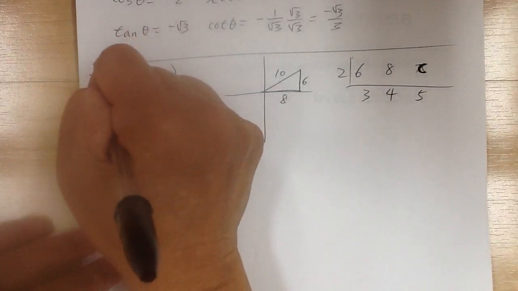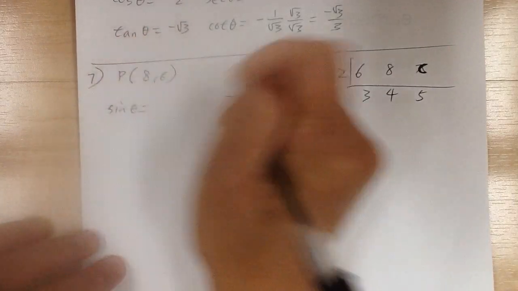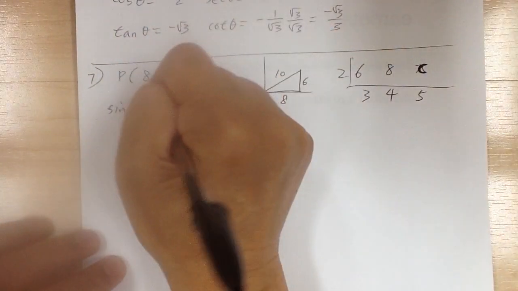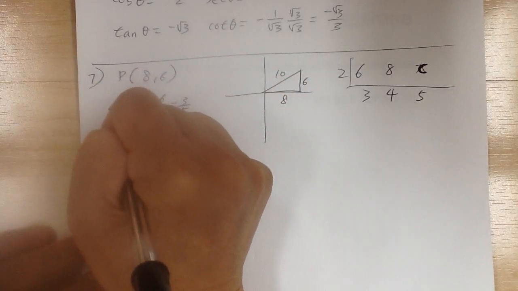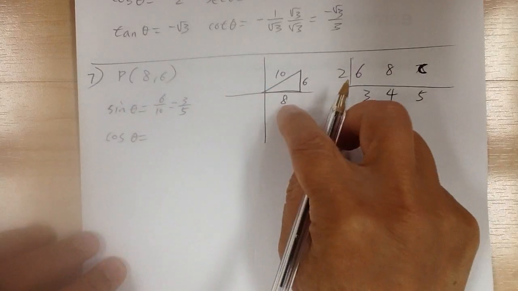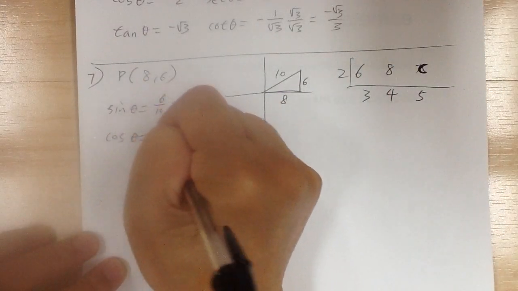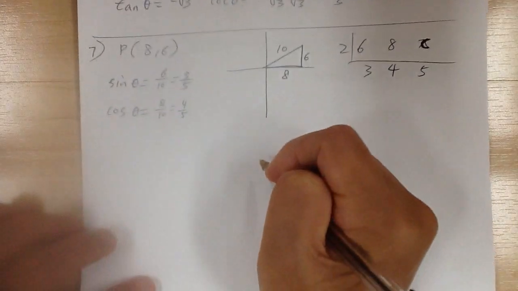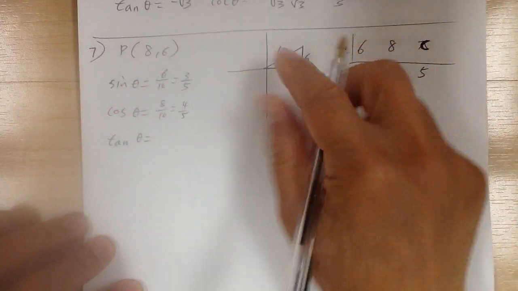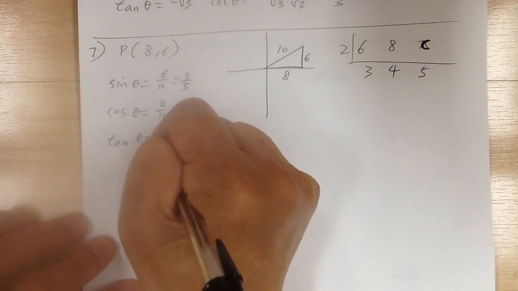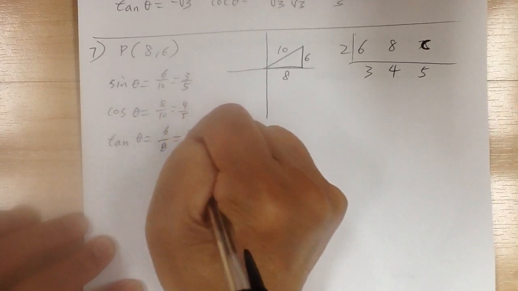Okay. So sine theta equals this over that, so it'd be 6 over 10, so equal to 3 over 5. Cosine theta equals this over that, so 8 over 10, equal to 4 over 5. And tangent theta equals this over that, so it'd be 6 over 8, equal to 3 over 4.